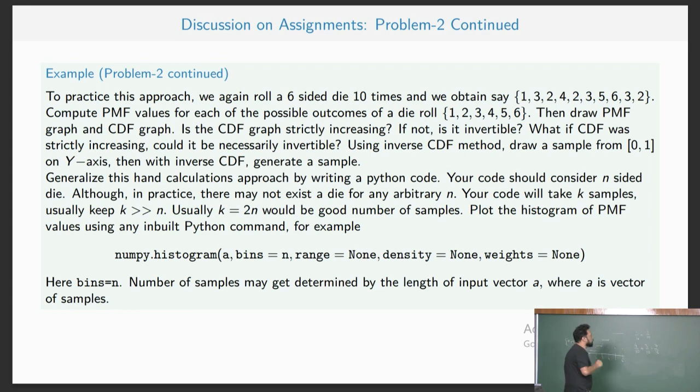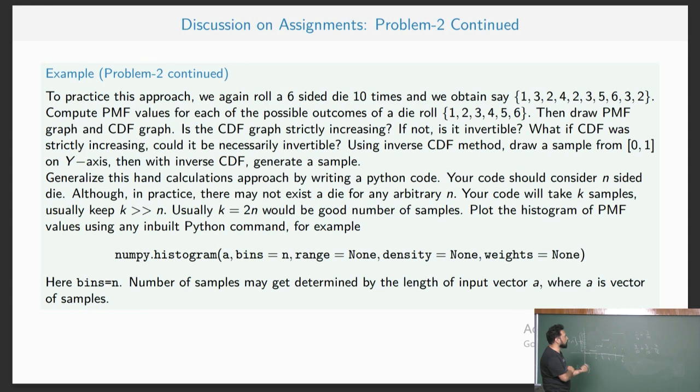So basically, you will sample first. You will call the Python library to sample these k equals 2n entries, and since these are independent, you may use Bernoulli for each of these 2n to sample.